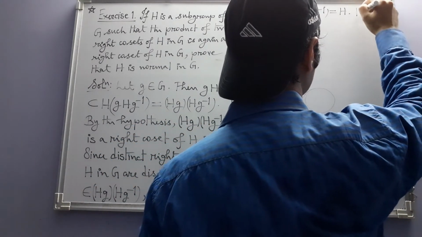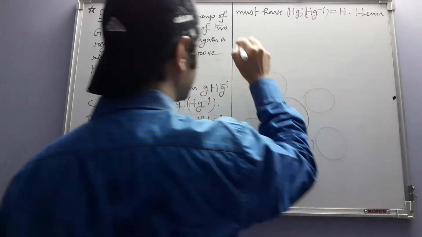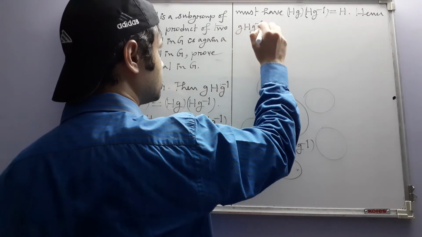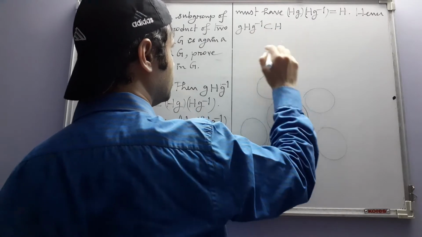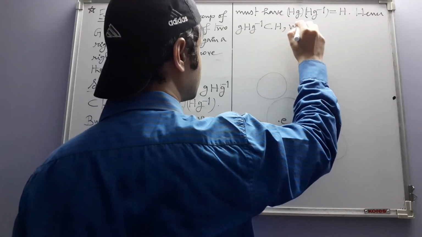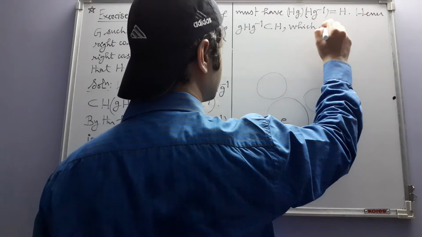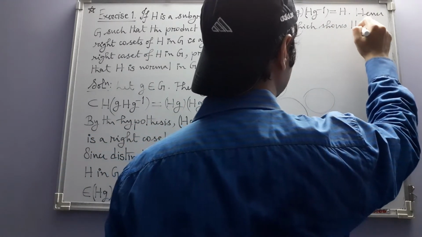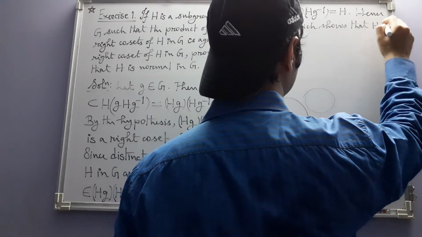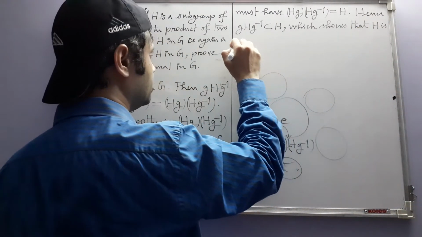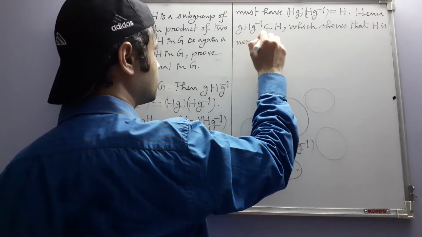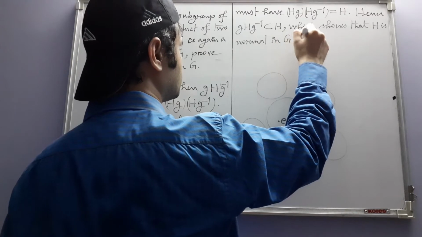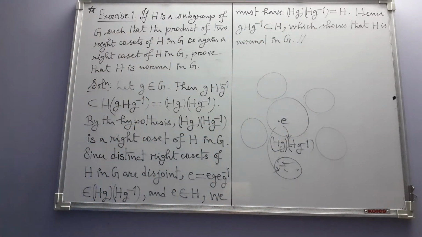Hence, gHg inverse is contained in H. Which shows that H is normal in G. So this completes the solution.